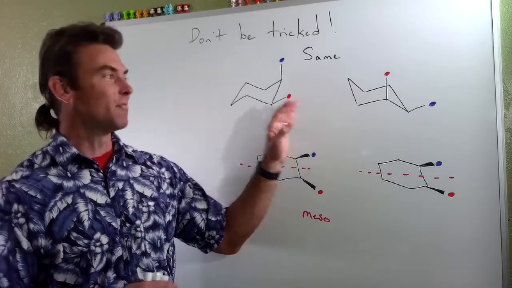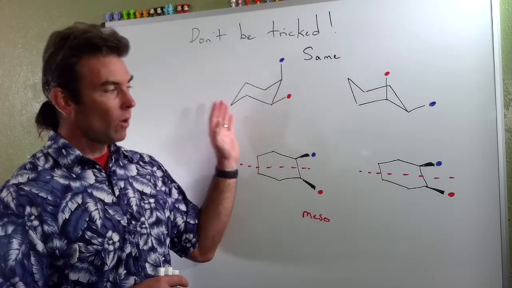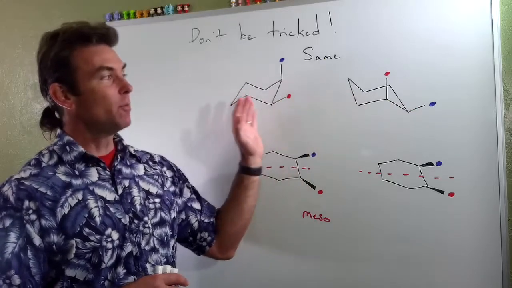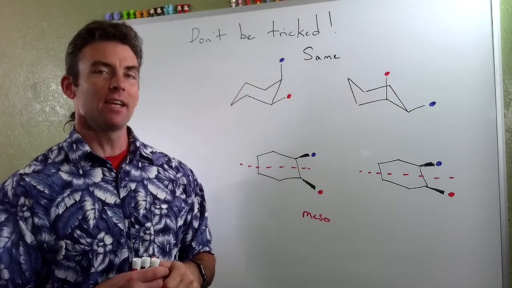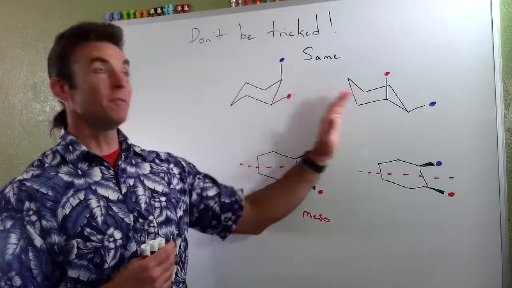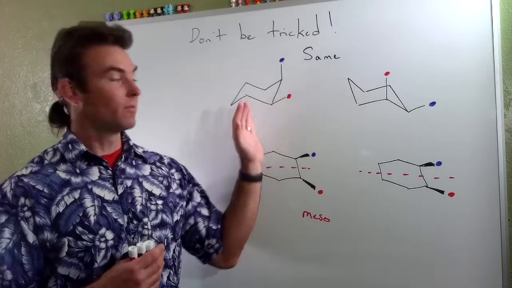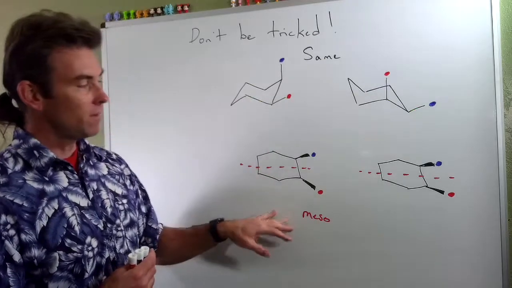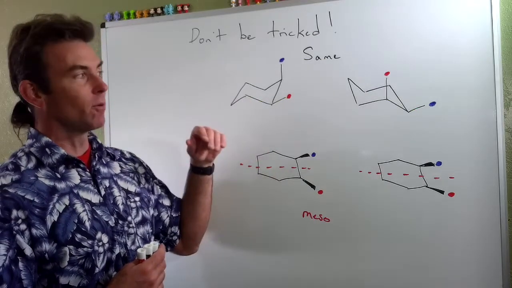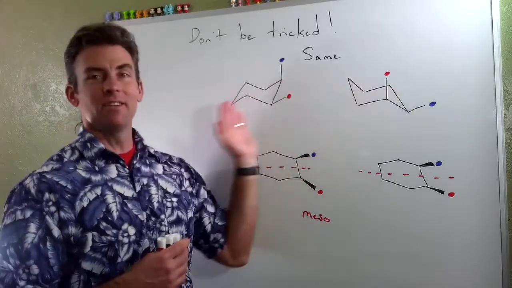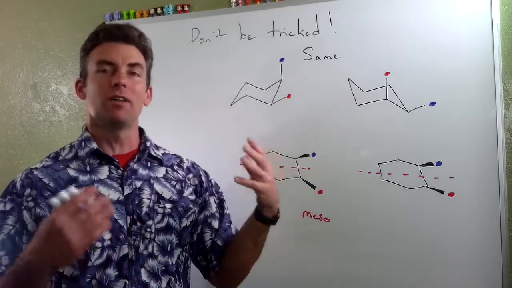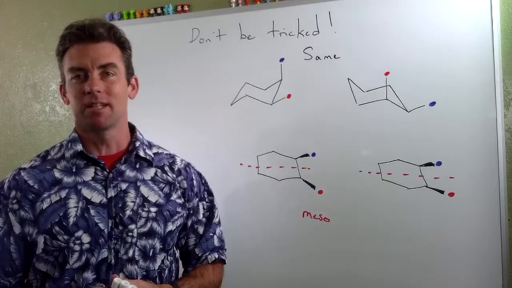The ability to rotate plane polarized light goes away because you're really kind of a time average of both of these structures, right? And so you've got this meso achiral thing that's rapidly interconverting, and overall, you're not going to be able to rotate plane polarized light.